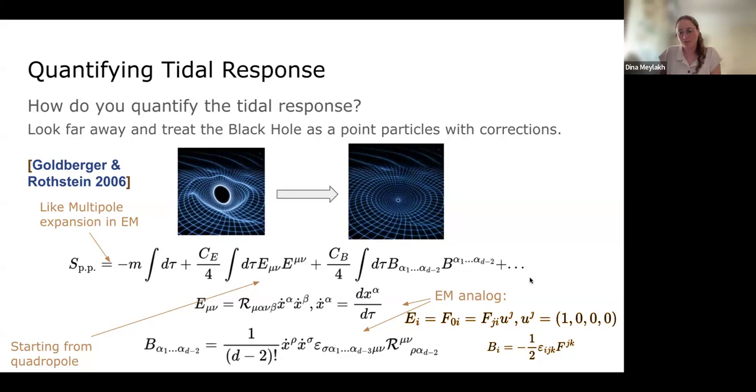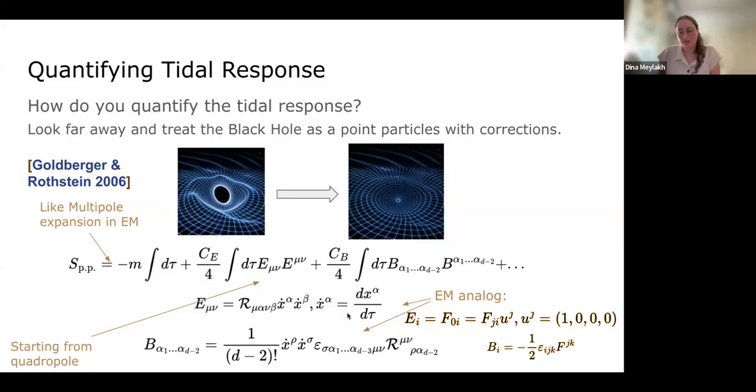If you recall in electromagnetism, the electrostatic field is just the zeroth component of the field strength tensor, which is just like contracting it with a unit vector in the right direction. And so we can see here that gravitationally, this is very analogous.